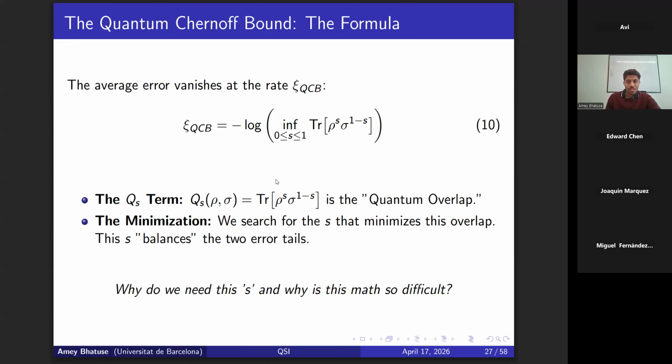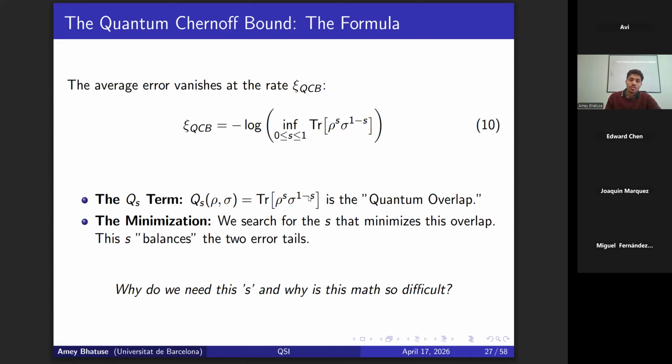Okay, so let's come back. There's this term inside, the trace of rho to the power s times sigma to the power 1 minus s. Just to give you a basic intuition, this is the overlap between these two states, decided by this extra constant that we have, s.